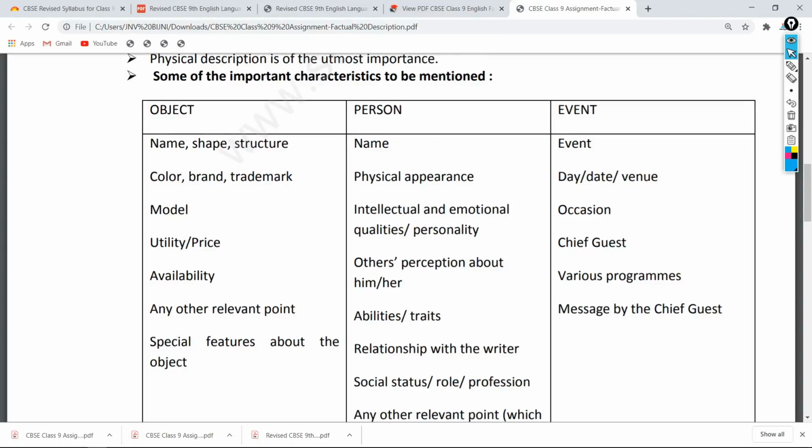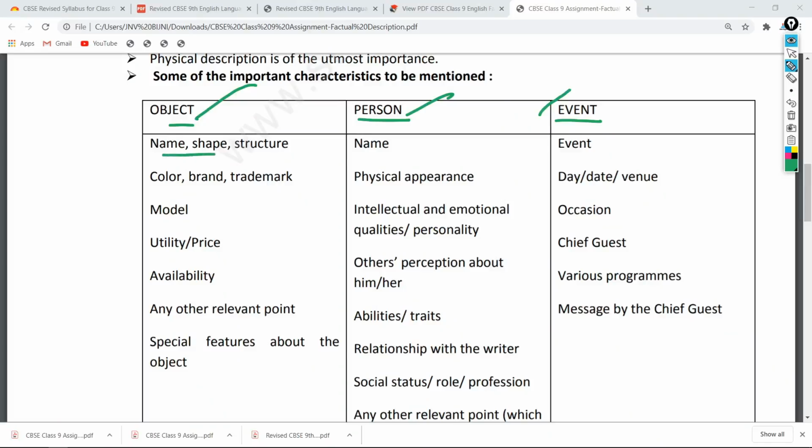Now there is a table, and in the table we will see how this description is given. Here you will see the object, the person and the event. These are the three types of description.